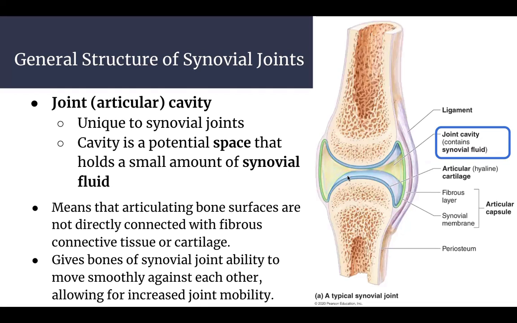So there is always a small amount of fluid in here, and this is called the synovial fluid. The presence of this fluid means that the bone surfaces are not directly connected with fibrous connective tissue or cartilage. And this liquid gives bones of the synovial joint the ability to move smoothly against each other. This allows for increased joint mobility, really reducing friction in the synovial joint.